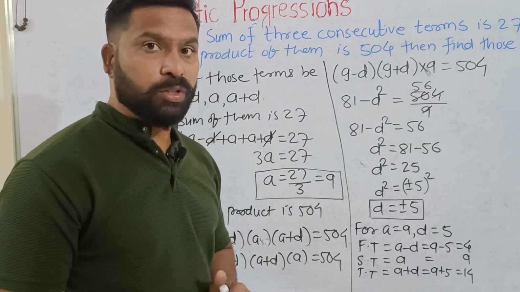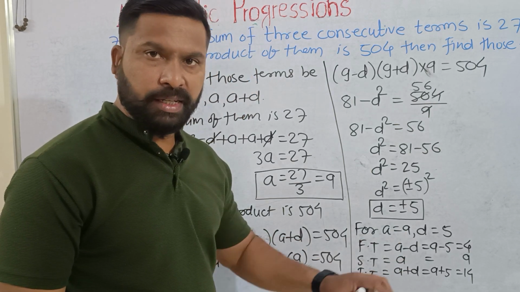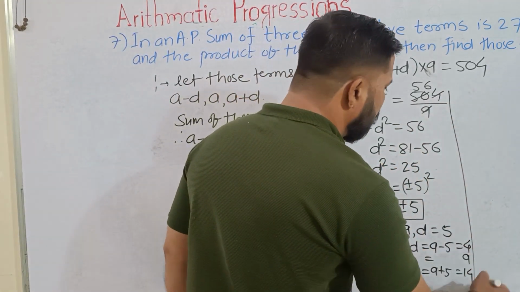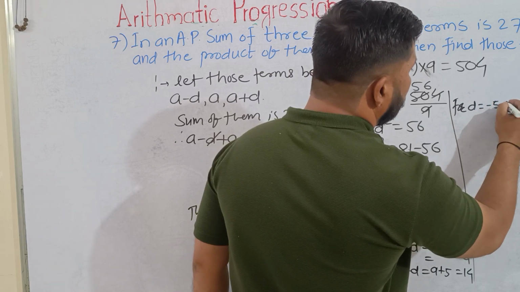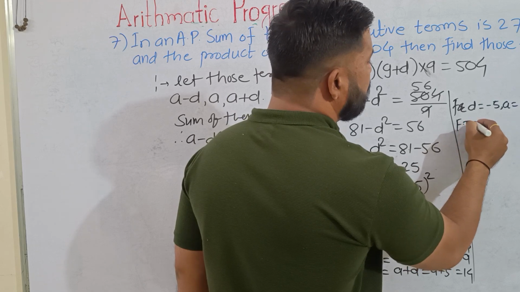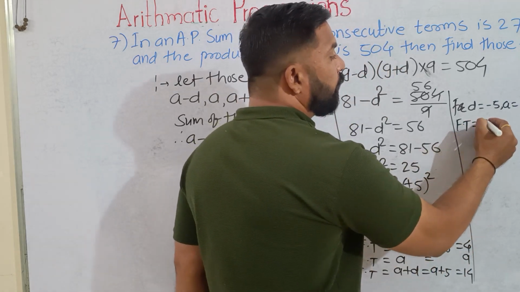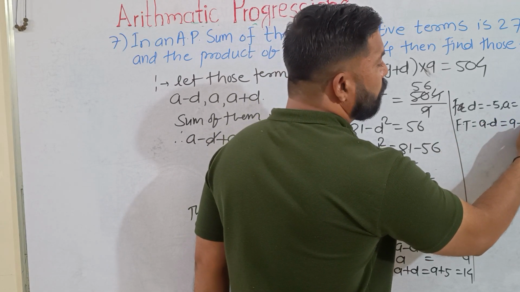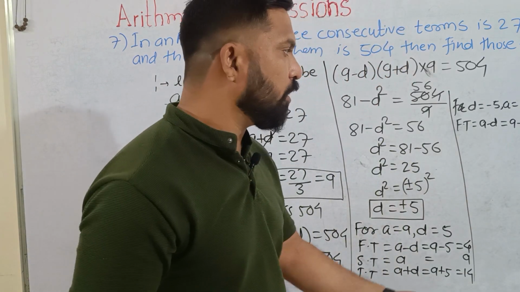But one more question arises in your mind. What if d is negative? Then there will be a rearrangement of the terms. Now look at it. For d equal to minus 5, a equal to 9. First term is a minus d, which is 9 minus of minus 5, which is 14. I am directly writing because of lack of space.